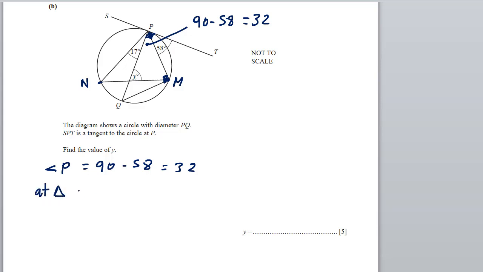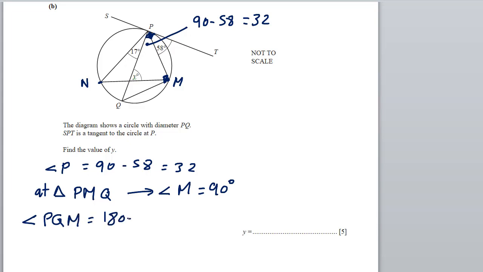In triangle PMQ, angle M is equal to 90. So angle PQM is equal to 180 minus (90 plus 32), which is this angle.